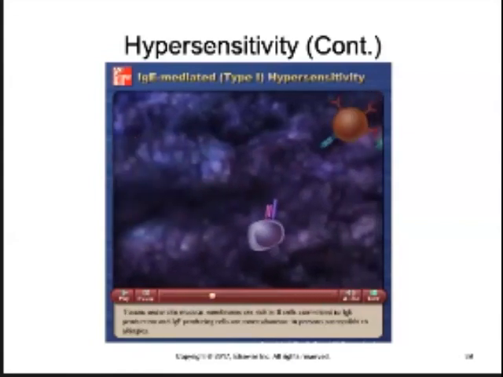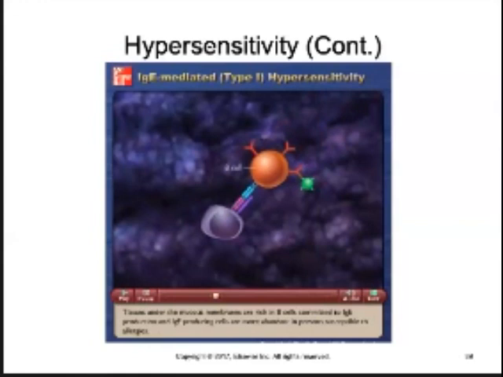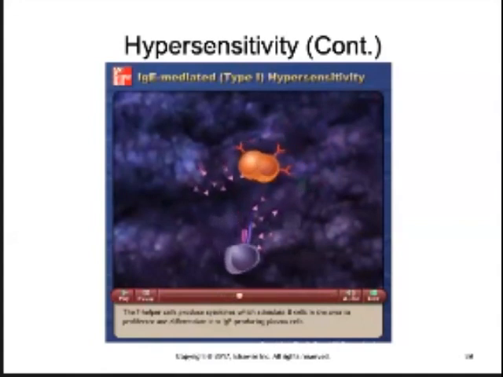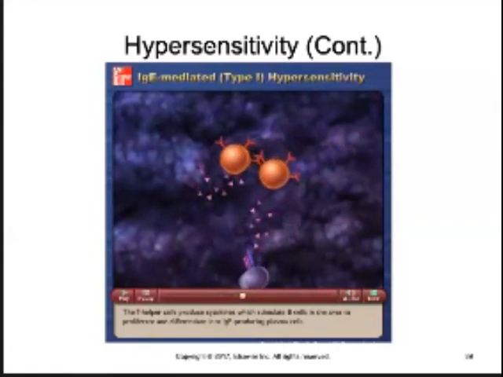Under the mucous membranes are rich in B cells committed to IgE production, and IgE-producing cells are more abundant in persons susceptible to allergies. The T helper cells produce cytokines, which stimulate B cells in the area to proliferate and differentiate into IgE-producing plasma cells.